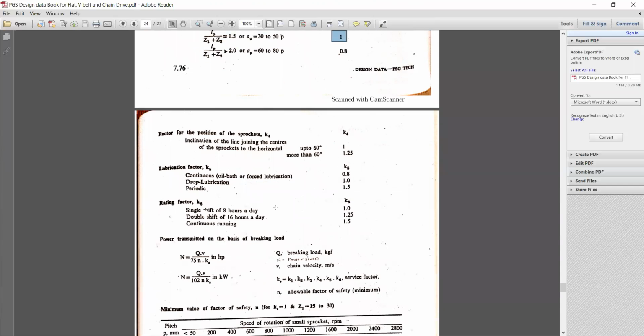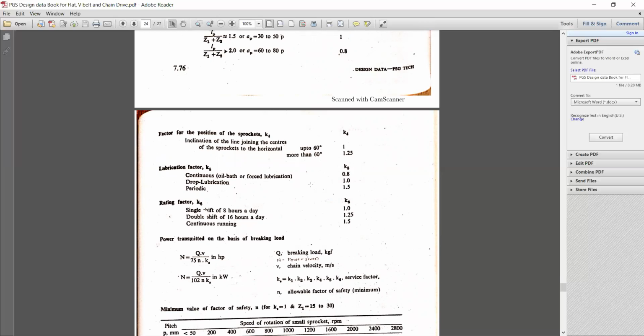Next one, the factor for position of sprockets. Normally these sprockets are horizontal, so the value of K4 is equal to 1, and the angle of inclination is up to 60 degrees.